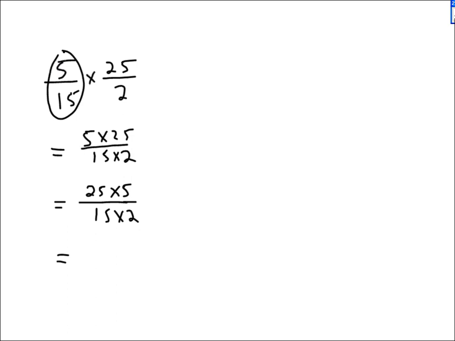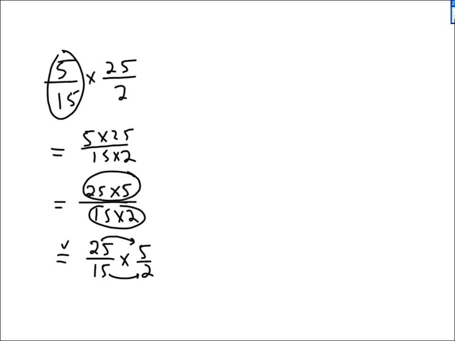And this does equal, and we'll make sure it does, 25 over 15 times 5 over 2. After all, 25 times 5 is the top, and 15 times 2 is the bottom. It is equal. Oh, now I can reduce the 5 into 15.